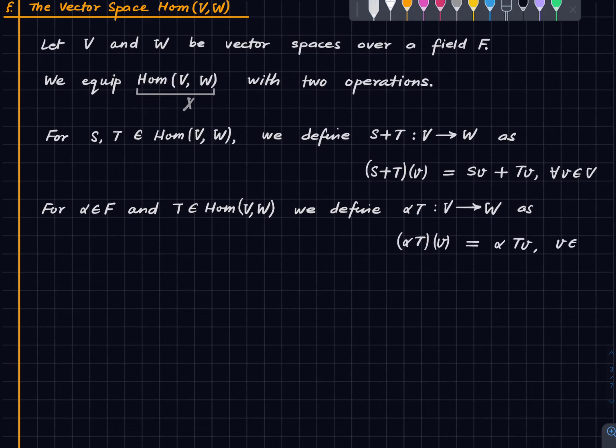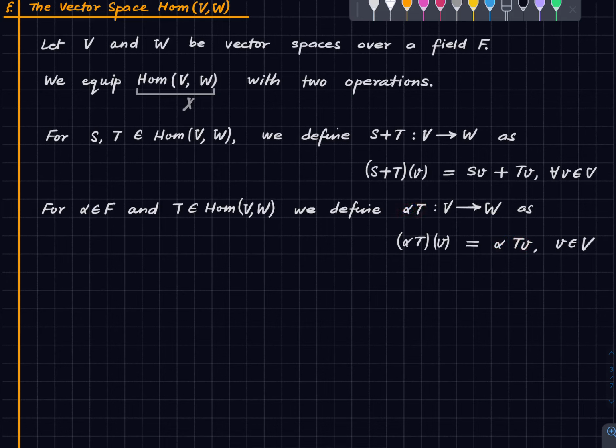For each vector v, the output of this on v is the scale of T(v) by alpha. T(v) is a vector in W, so it makes sense to scale it by alpha. And that is how we define these things.